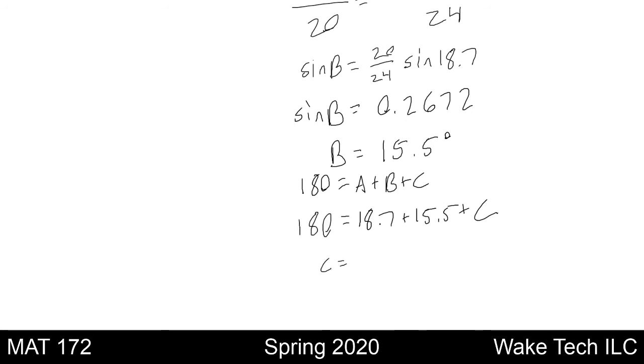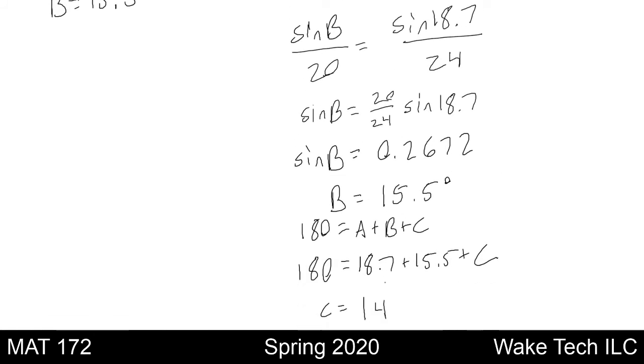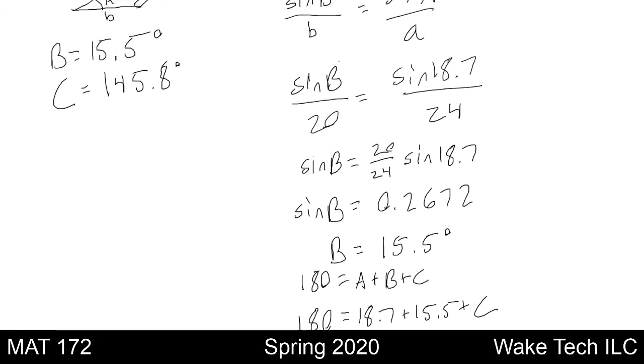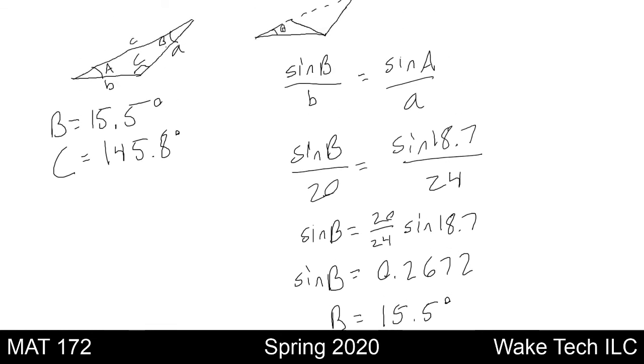So 180 minus 18.7 minus 15.5, I get as 145.8. All right, so that's our uppercase C is 145.8 degrees.